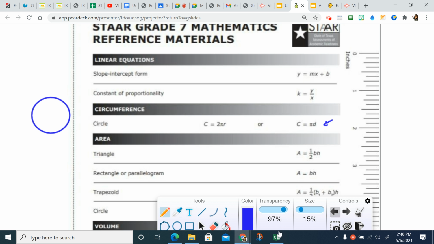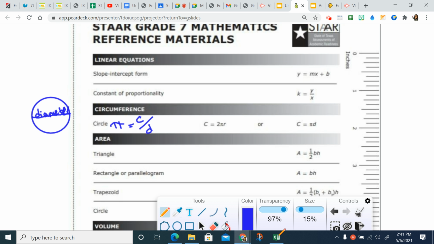All right, something else we need to write on here: sometimes they're going to give us the circumference and the diameter. Remember, diameter is all the way across. And they're going to ask, how do you find pi? Well, you find pi by doing circumference divided by diameter.